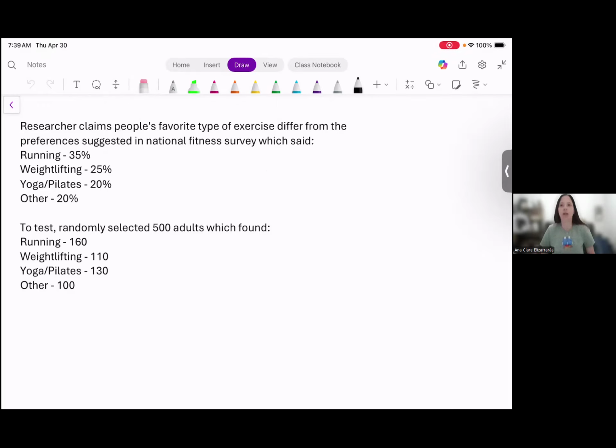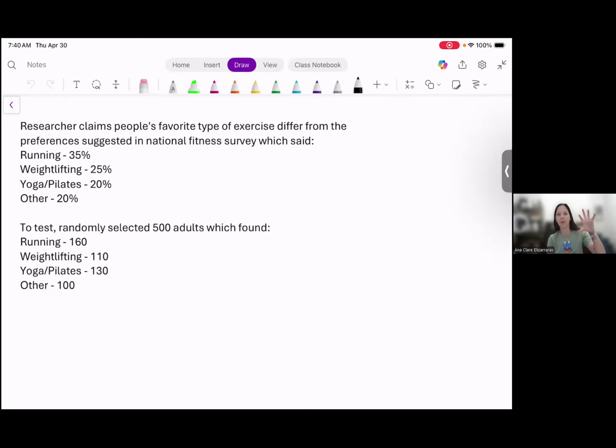Okay, we're not going to do a full hypothesis test here, but we are going to talk about how we would set up the null and the alternative, as well as calculate the expected counts and the test statistic so that we can then go on and do a full example. So this question says, a researcher claims that people's favorite type of exercise differs from what was suggested in a national fitness survey, which said that running was 35%, weightlifting was 25%, yoga and Pilates was 20%, and other was 20%.